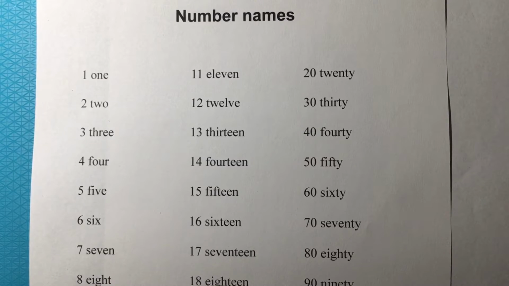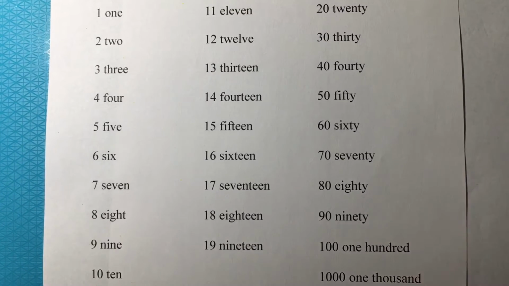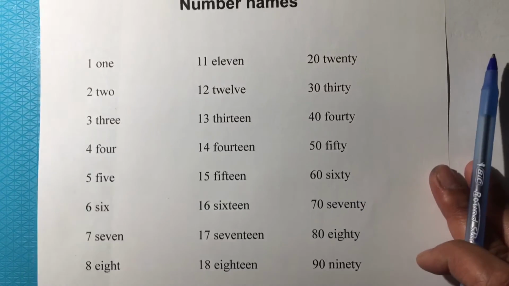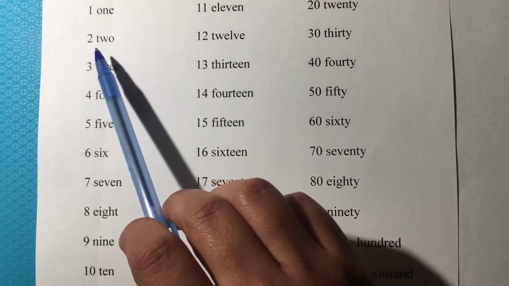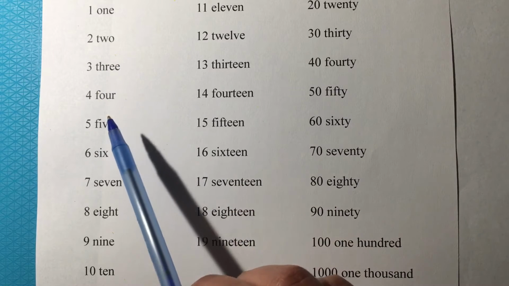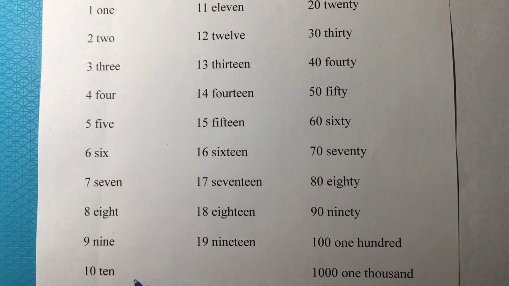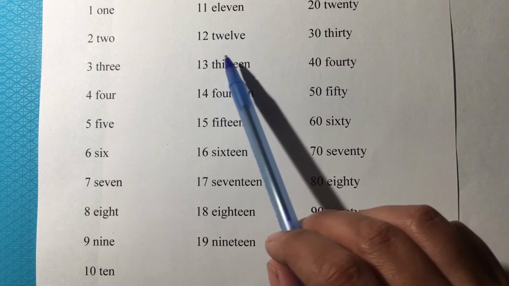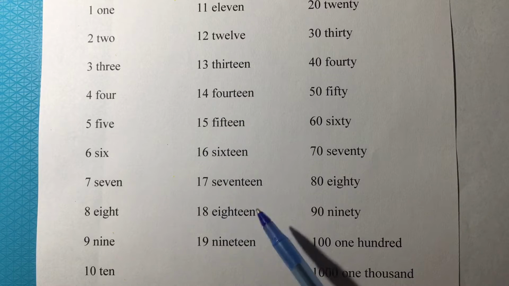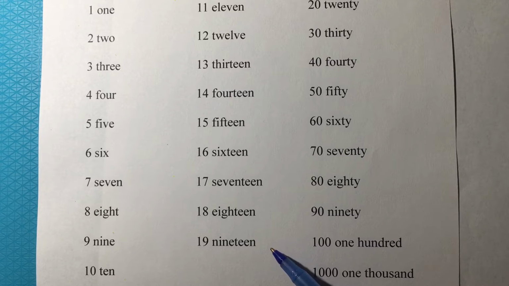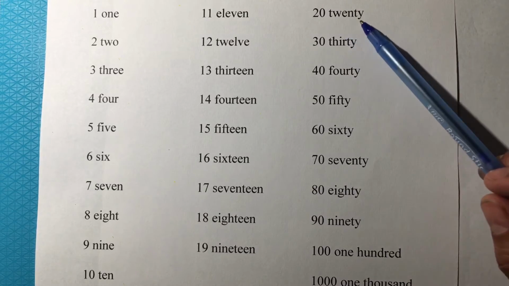In your packet, you have a page, and so we're going to go over the numbers, but if you know them, you can skip this part, just forward this part, and it says number names, and so we have 1, 2, 3, up to 19, and then from there you go to 20, but if you want to write 21, you just put 21.